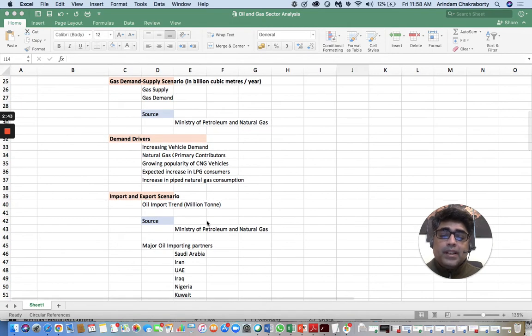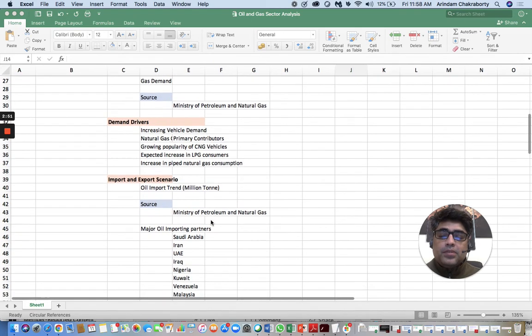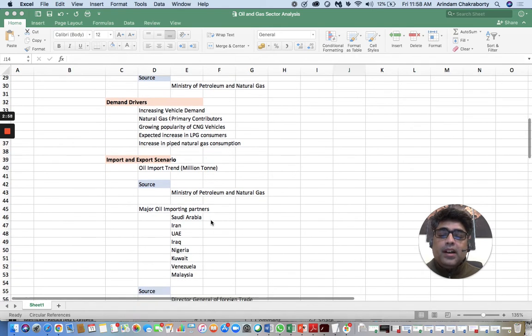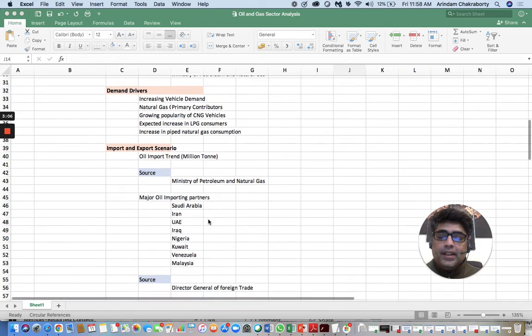Then the import and export scenario, right? Say, in the context of oil import trends over the years in million tons. Again, a good source would be the Ministry of Petroleum and Natural Gas. As we know, the major oil importing partners of India are, say, Saudi Arabia, Iran, UAE, Iraq, Nigeria, Kuwait, Venezuela, and Malaysia. So we can have an analysis around that, right?